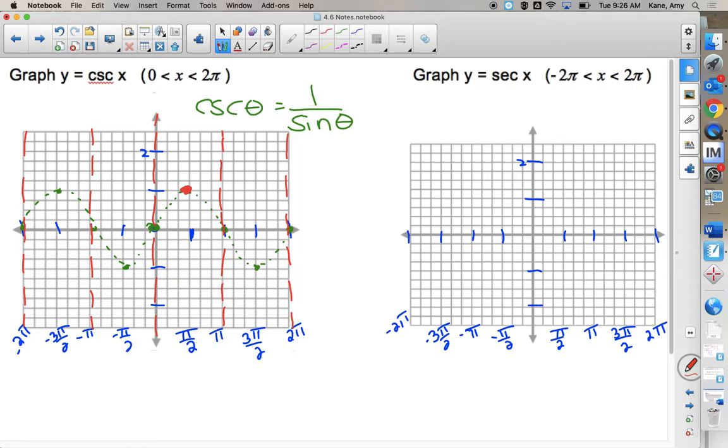The other points that we're going to plot would be when the sine is equal to 1/2. So Brenton, on your chart, when do you have a 1/2 for sine? What angle? Okay. And what happens with the cosecant if sine is 1/2?